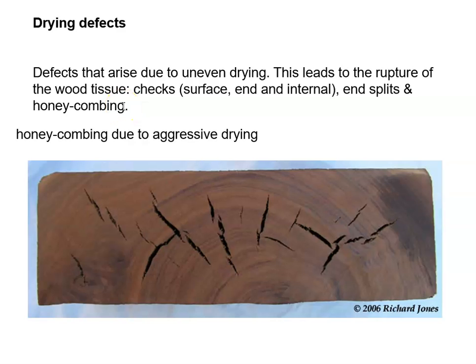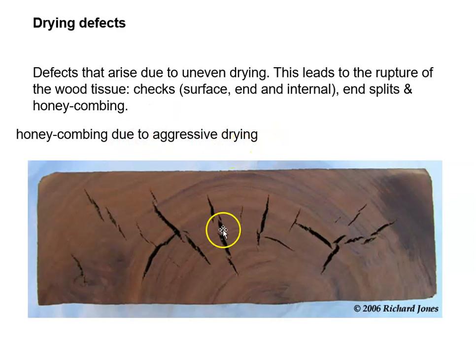You could pick a perfectly great vegetable from a garden, but if it's not taken care of properly afterwards before it arrives at your table, it would be compromised. It would not be the quality that it was when it was first picked. Same with trees. After they're harvested, they need to be taken care of properly. So checks, end splits, and honeycombing are all problems that reflect not being properly dried.